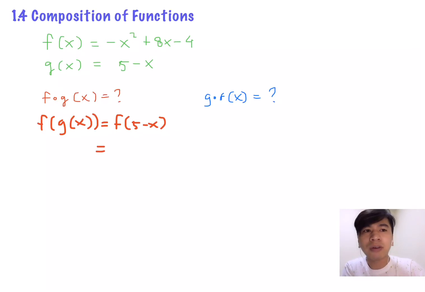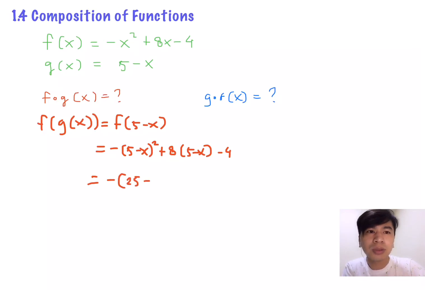So we'll put 5 minus x into the equation: negative (5 minus x) squared plus 8 times (5 minus x) minus 4, and then we'll get negative 25 plus 10x minus x squared plus 40 minus 8x minus 4.